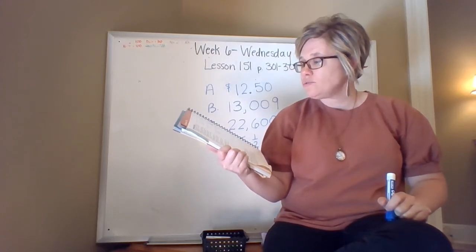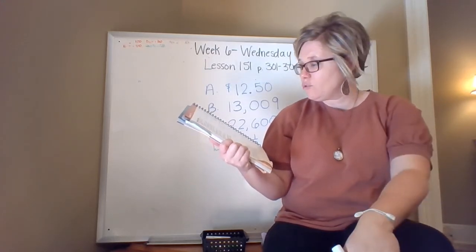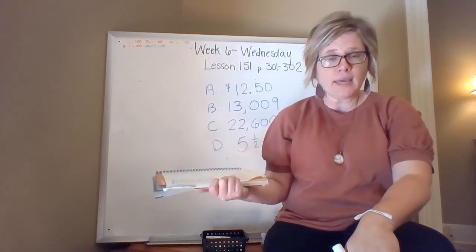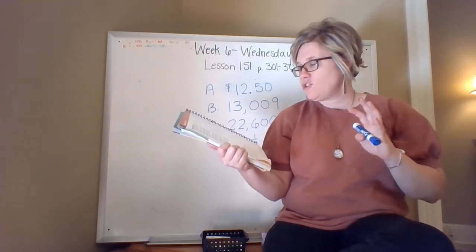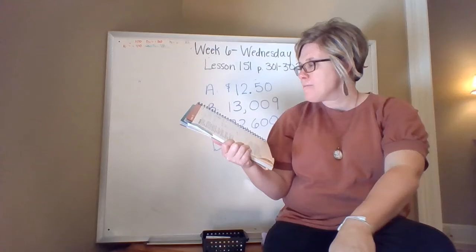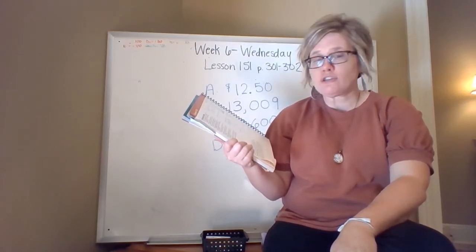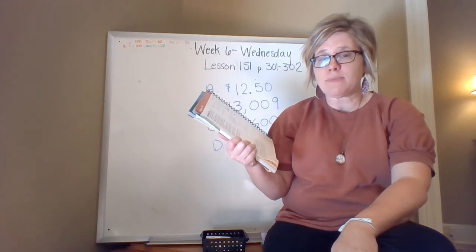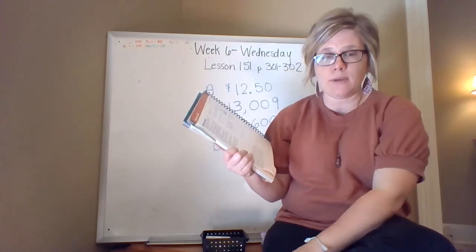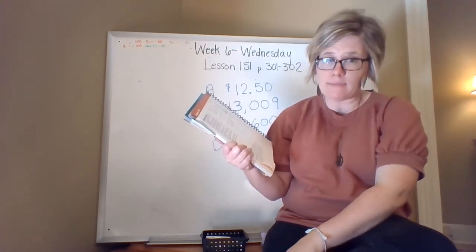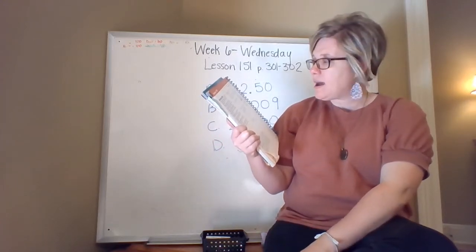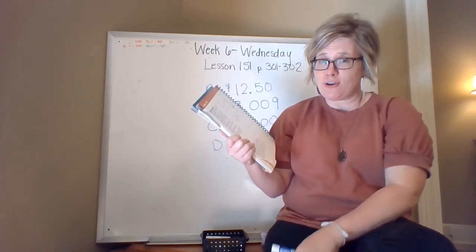Make sure that you take your time and you are careful with your borrowing and your regrouping and your carrying your ones, okay? Also make sure you complete speed drill number 3 today. You do not have to be timed on it, just complete it. And I will see you back tomorrow, okay? Good job.